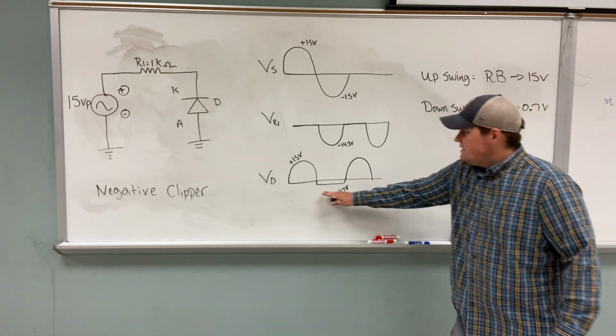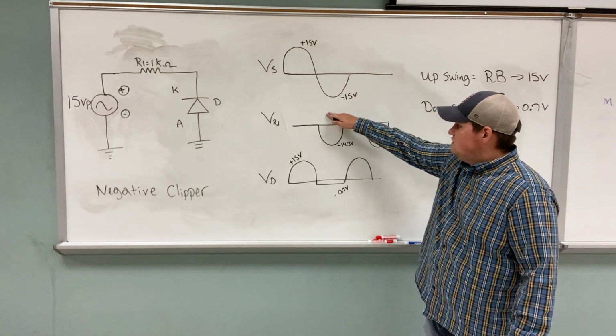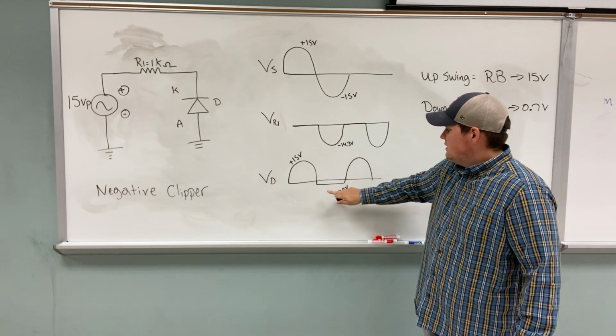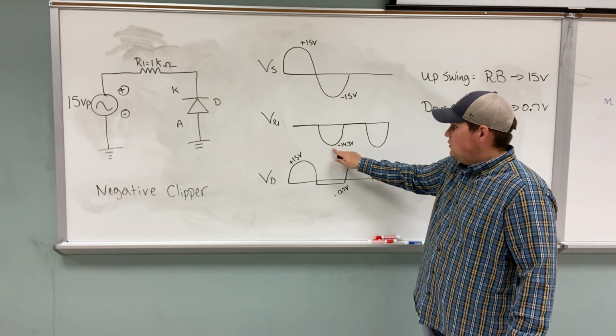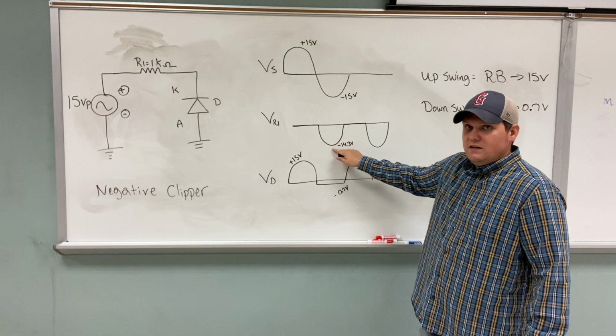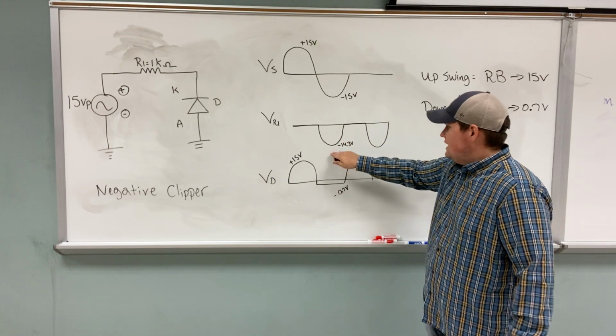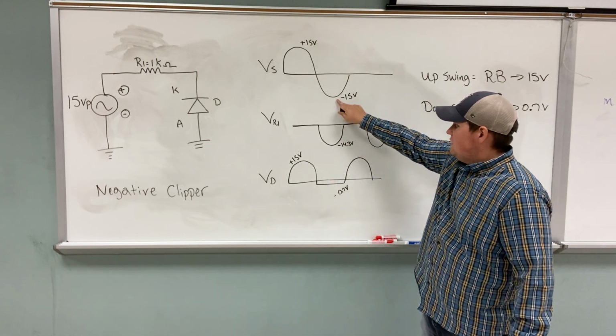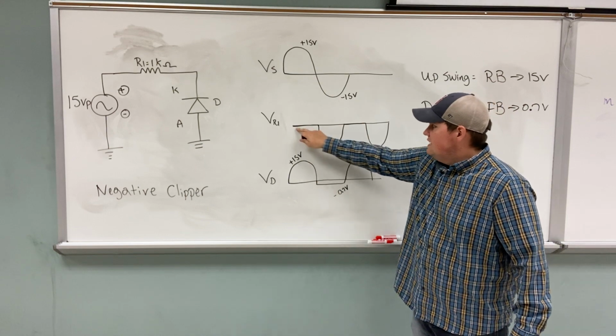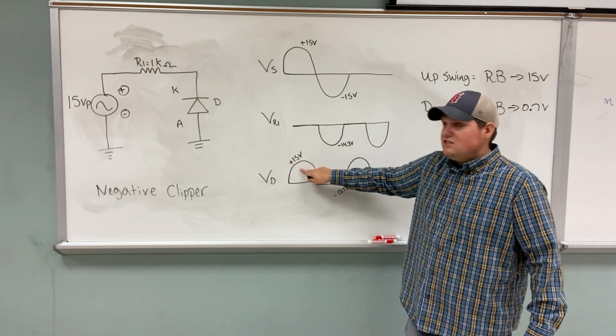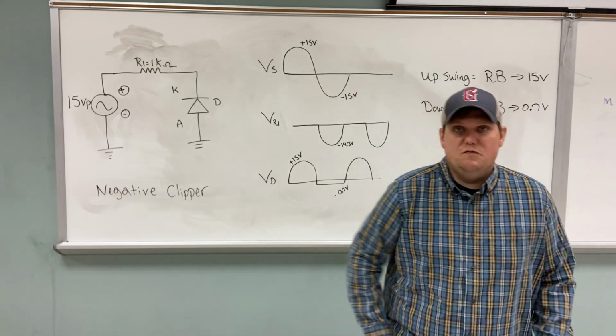So again, I can take and just slide these two together. Negative 0.7 plus negative 14.3 is going to give me negative 15, which is what I have here. And then this is 0, and this is positive 15, so that gives me my positive 15.